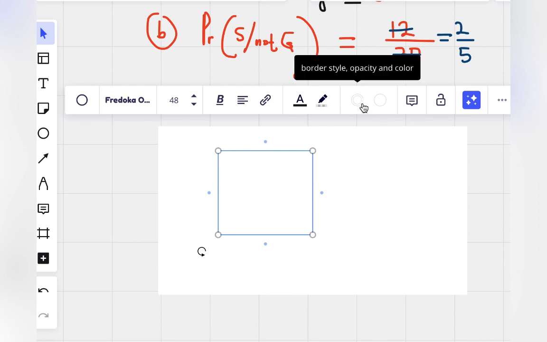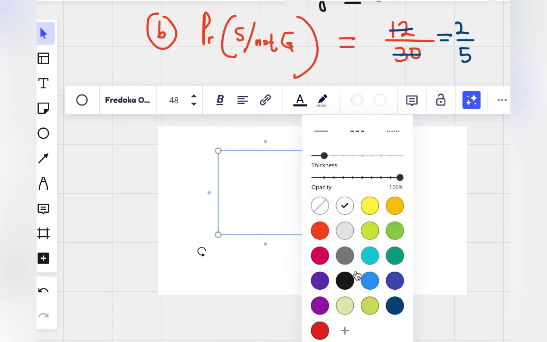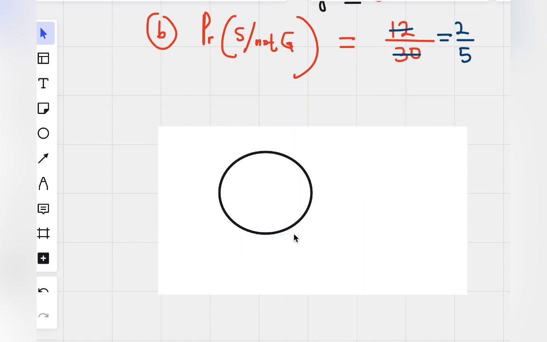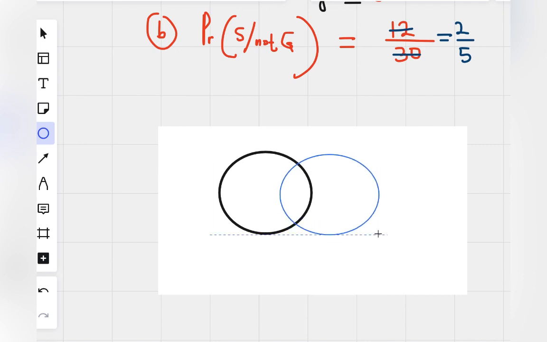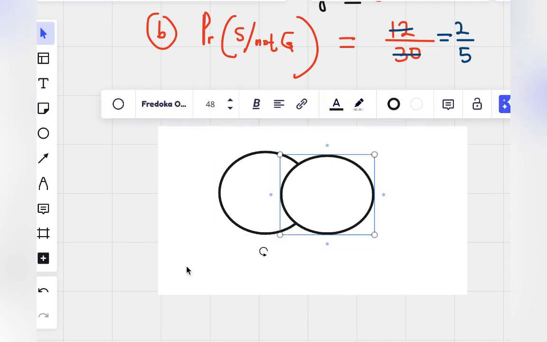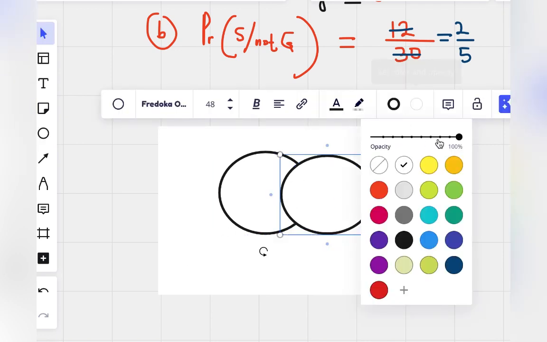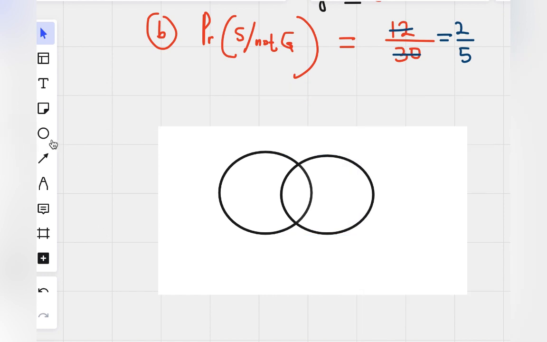Let's quickly draw these three sets. Quickly, set A, set B, and set C, each overlapping each other.